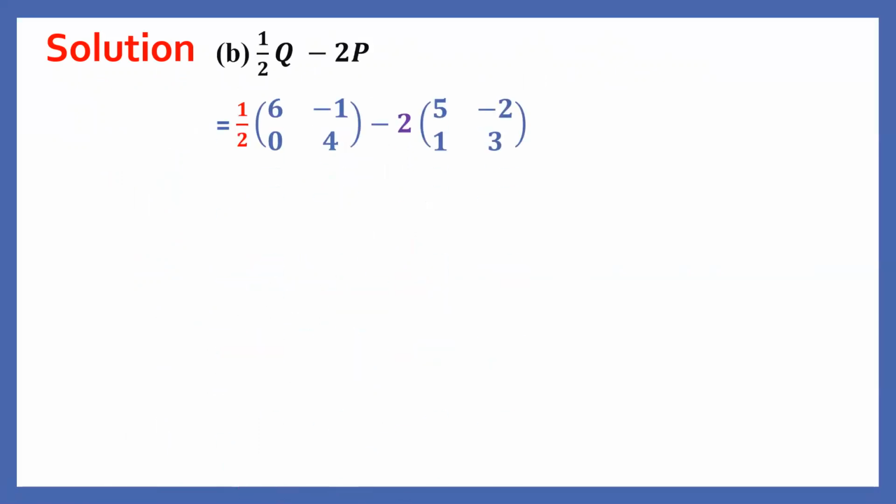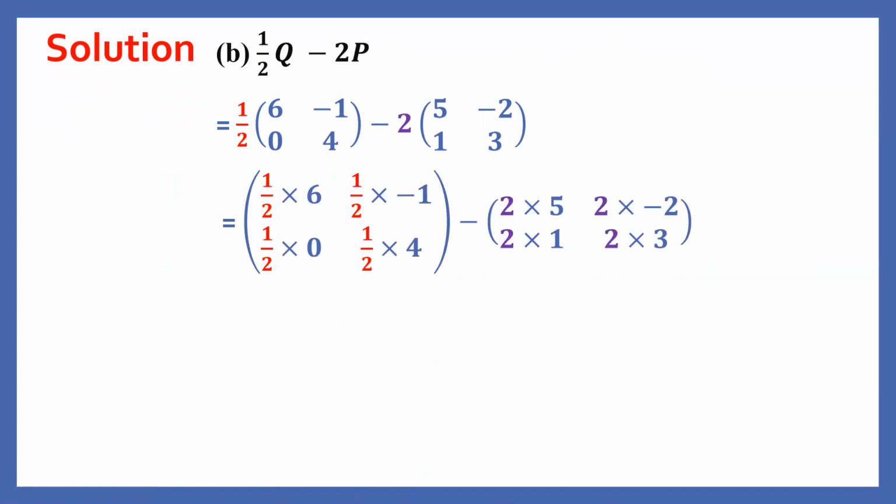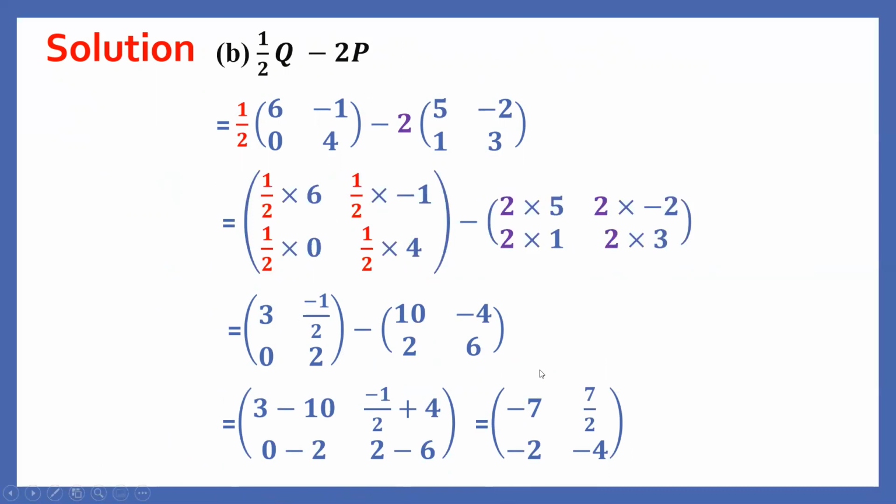So half times matrix Q minus 2 times matrix P. Simplifying will give me 3, negative half, 0, 2, minus 10, negative 4, 2, 6. We have 2 by 2 matrices, so subtraction is possible. Subtracting the corresponding elements, we obtain minus 7, 7 over 2, minus 2, minus 4.